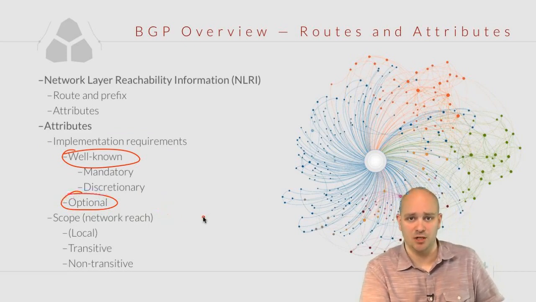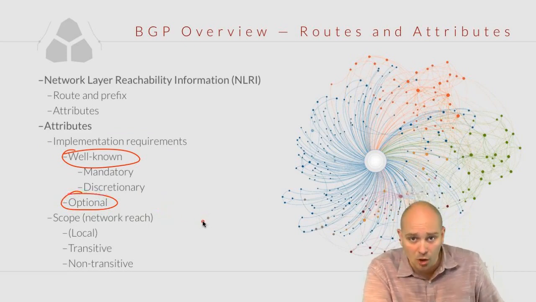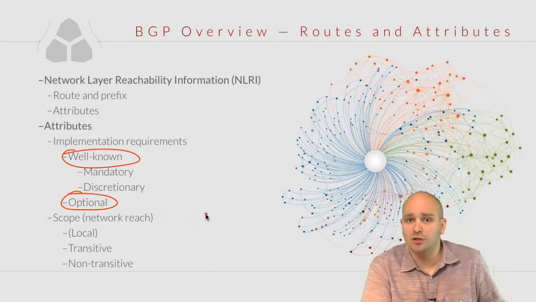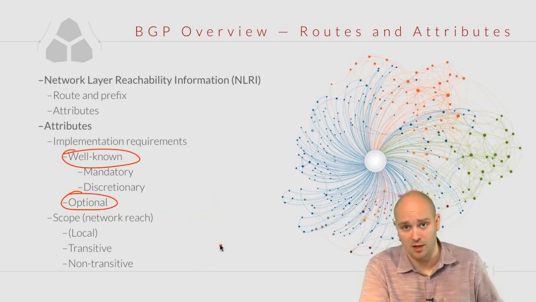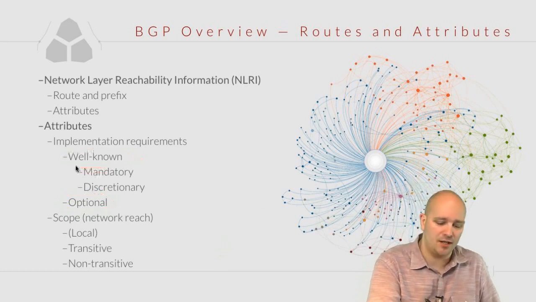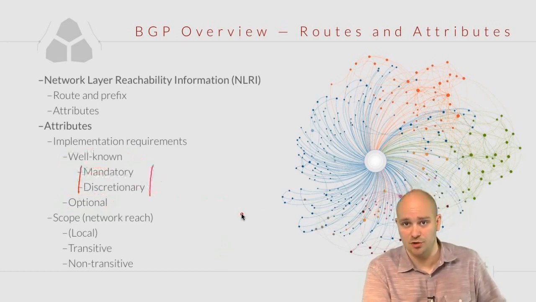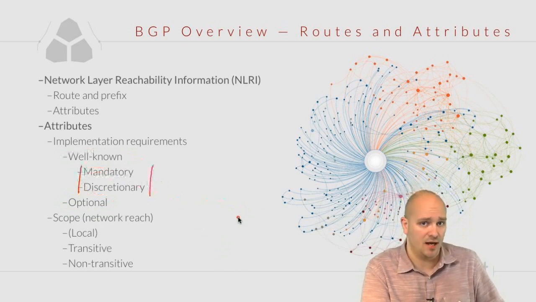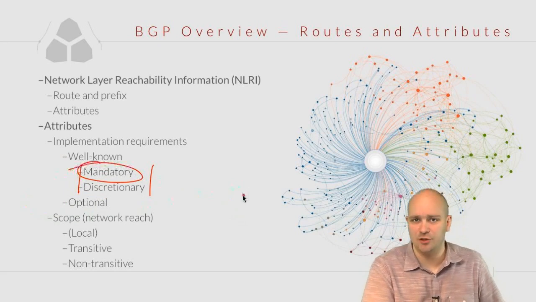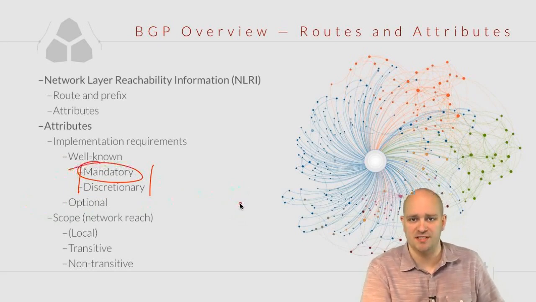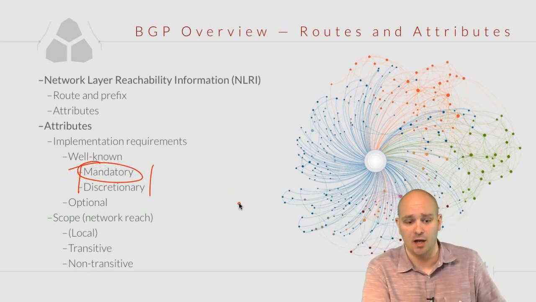The BGP implementation, the vendor implementation of the BGP code on devices, does not necessarily need to understand or do anything about those optional attributes. Well-known attributes are further divided into two categories: the mandatory and the discretionary attributes. The mandatory attributes must be present on every single update.